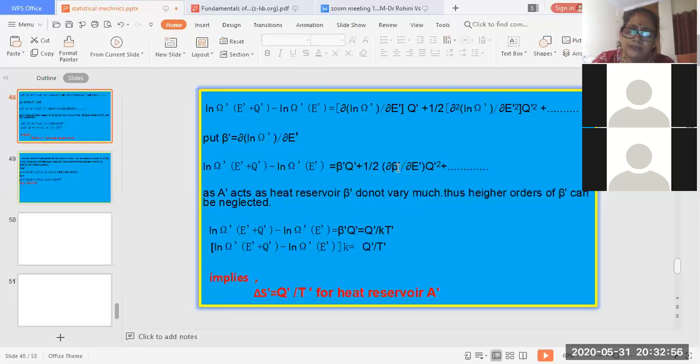So take differential of beta with respect to E, it is 0. That means all the factors coming after the first factor are equal to 0 because beta dash is constant. So I am truncating all those things. Only I am using the first term. So the first term is beta dash q dash. So that is equal to q dash I have kept as it is, beta dash is 1 divided by kT dash.